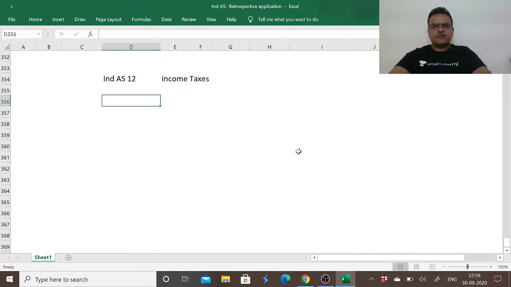So there is a change in the computation of deferred tax. Like we were using the P&L approach, now we'll be moving on to the deferred taxes balance sheet approach. So we'll have a look at the deferred taxes balance sheet approach through this discussion.